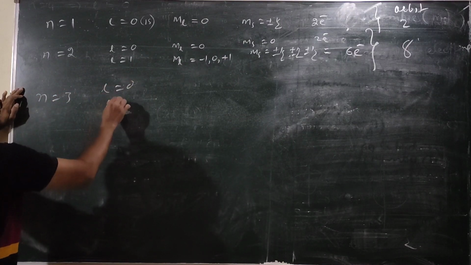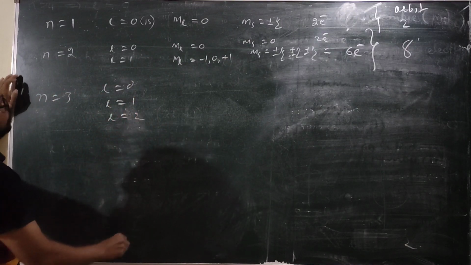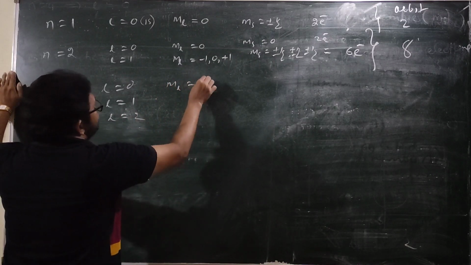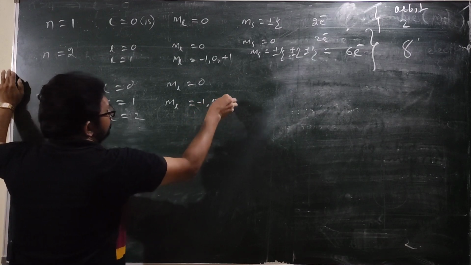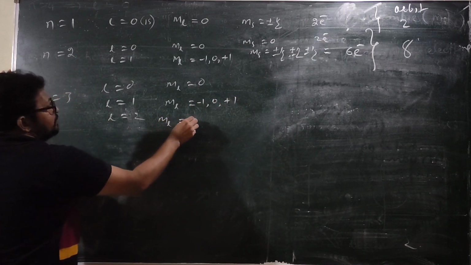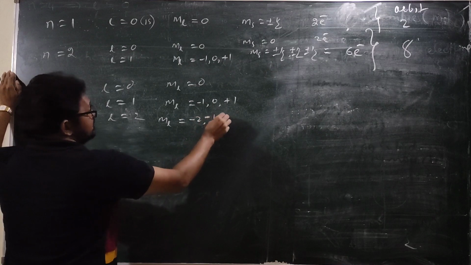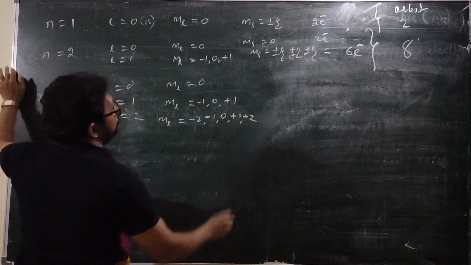Now coming to the third orbit, n equal to 3. l will be 0, l will be 1, l will be 2. What about the magnetic quantum number? For l equal to 0 it is 0. For l equal to 1 it is minus 1, 0, plus 1. For l equal to 2 it is minus 2, minus 1, 0, plus 1, plus 2.